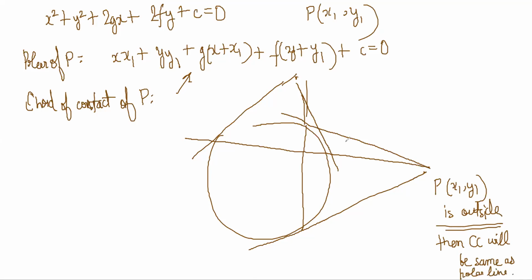If the point is on the circle, then obviously the chord of contact is the tangent line, and polar is also the tangent only, because from here you cannot draw a chord which cuts it. This is itself that point.